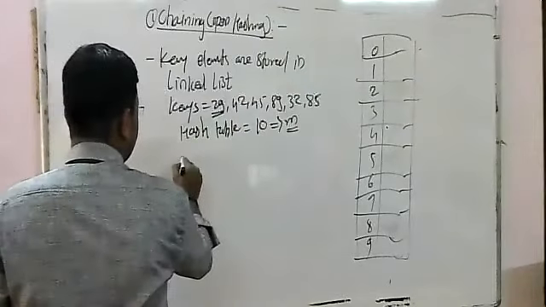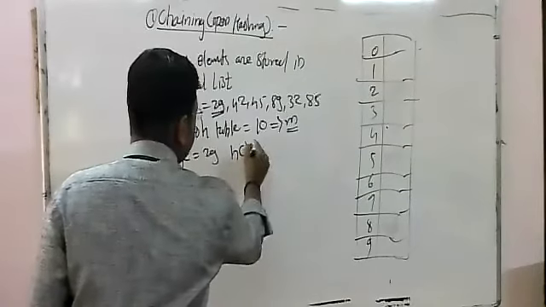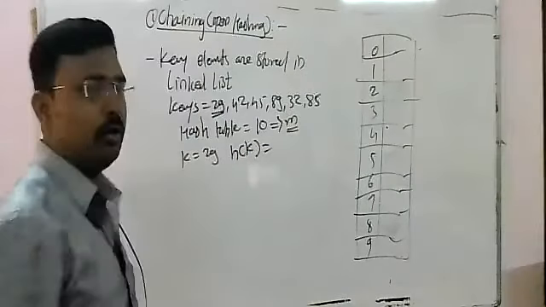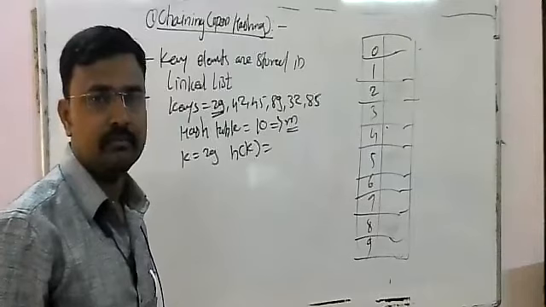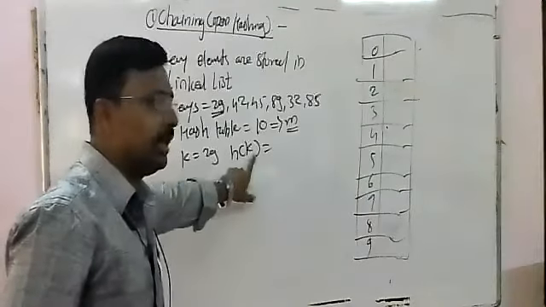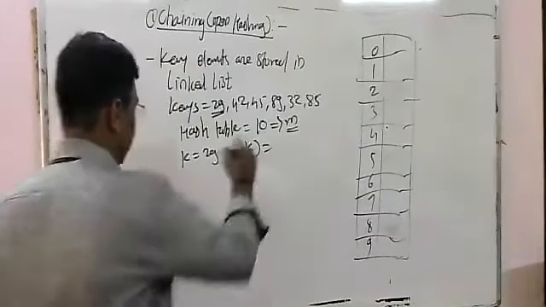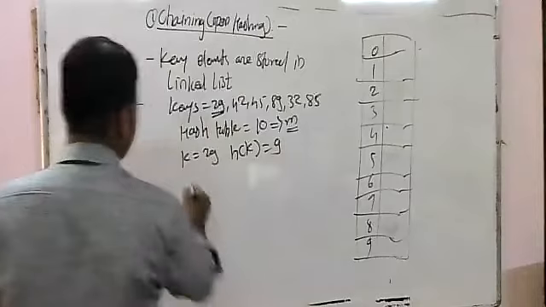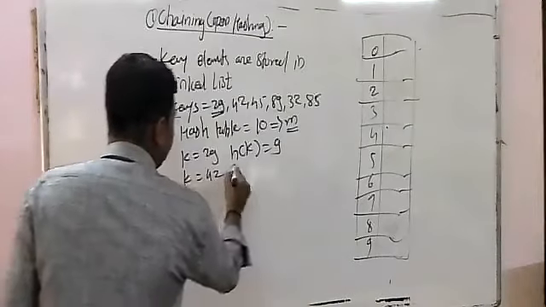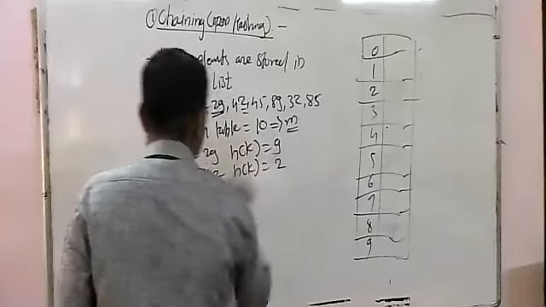Now, 29, k is equal to 29. What is h of k using modulo division? Using modulo division, the hash value for element k is 9. If k is equal to 42, h of k is 2.